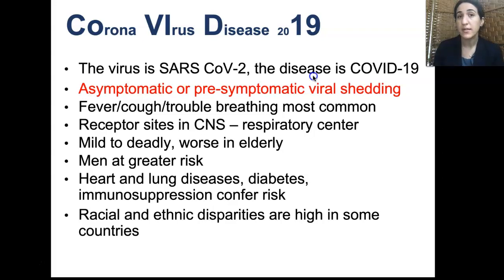When individuals are symptomatic, there's a variety of presentations. The most common is respiratory disease, which can cause fever, cough, and trouble breathing. The disease has a broad range of severity and is worse in the elderly. Men are also at greater risk. Other risk factors include pre-existing conditions. Unfortunately, current data suggest a disproportionate burden of illness and death among racial and ethnic minority groups in some countries.